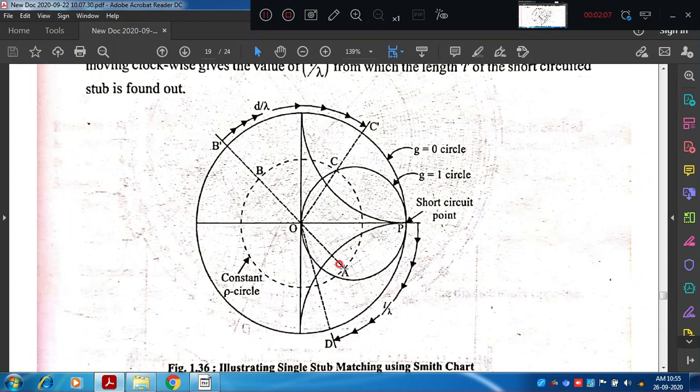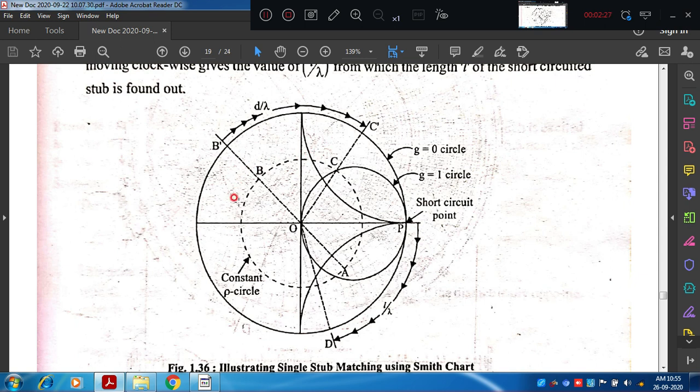This is the point A, that is the load point. Once you draw this rho circle, you extend this OA line backwards to cut the other part of the circle, and the outermost circle, and denote the points B and B dash.